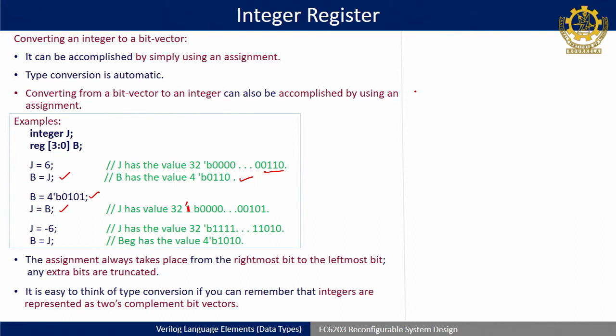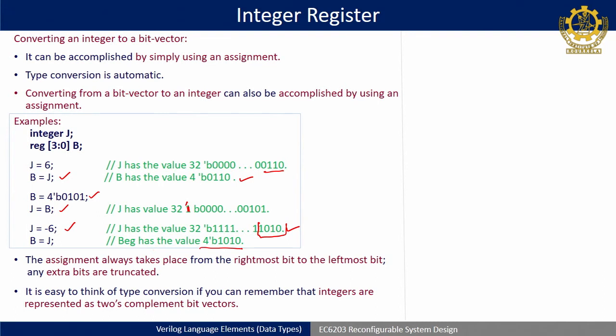Now let us say j is -6 in integer form. In 2's complement, its 32 bit value is this much. When I assign j to b, since b is 4 bit, only the lower 4 bits, 1010, will be kept, and the rest on the left side will be truncated.